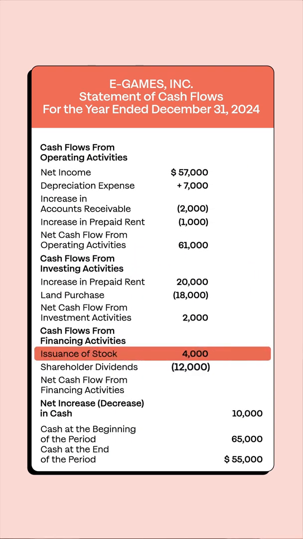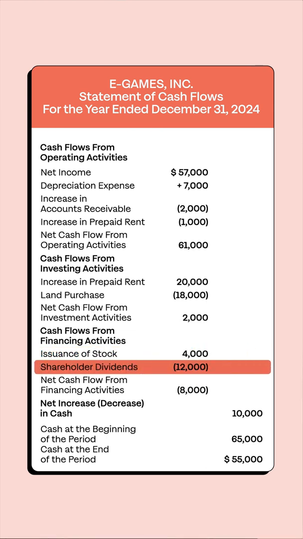According to the balance sheet, Great Tools issued $4,000 worth of stock to investors. This is considered a cash inflow. At the same time, Great Tools paid out $12,000 worth of dividends to stockholders, which is a cash outflow. To find the net cash flow in the financing category, we will combine a gain of $4,000 with a loss of $12,000. The net result is a decrease of $8,000 in cash in the financing category.